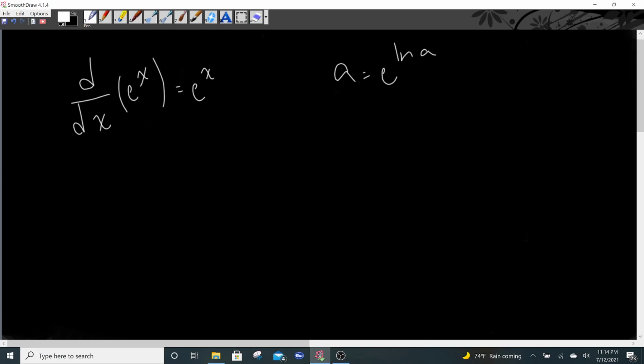It's like saying the square root of a squared is equal to a. You're just doing a function onto it and then using the inverse of that function to cancel itself out. We know what a is now in our newly defined terms.